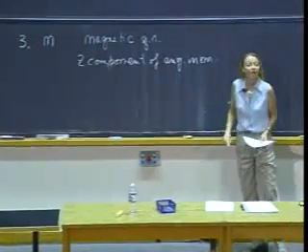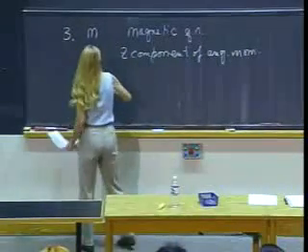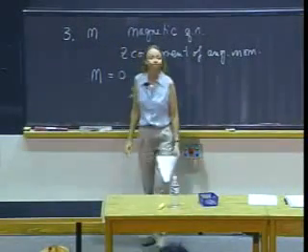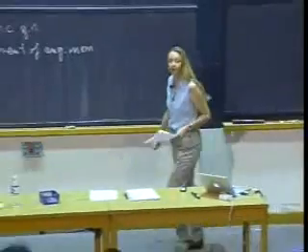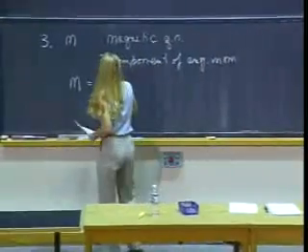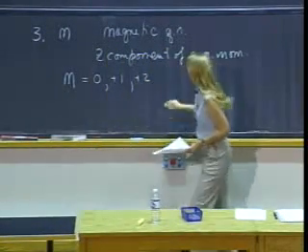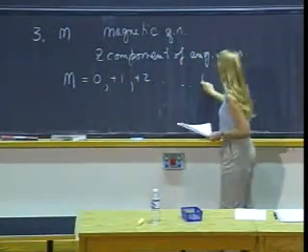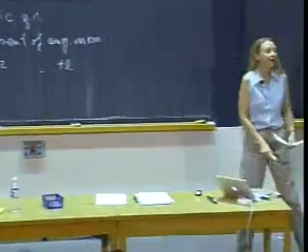And its allowed values are the following. Its allowed values are m equals 0. All right, so just like L, it can have a value of 0. Plus 1, plus 2, all the way up to plus L. All right? So, hey, look at this.